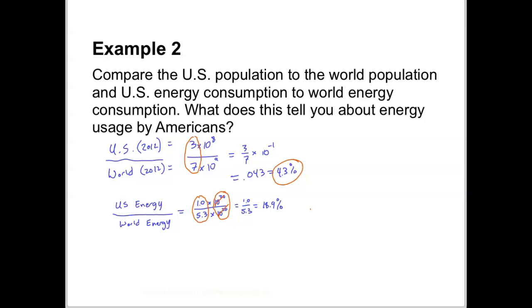So the U.S. makes up about 4.3% of the world's population, but uses about 18.9% of the energy annually in the world. So the U.S. consumes more energy than most of the world.